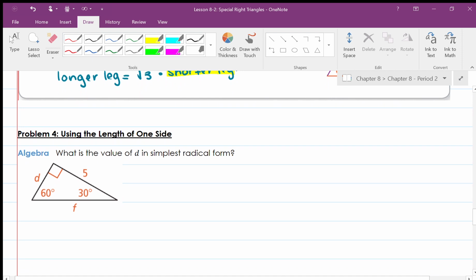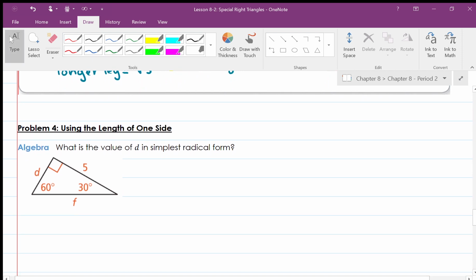So problem 4. They give us a triangle. It is, in fact, a special case triangle, and being that it is a 30-60-90 triangle, what is the value of D in simplest radical form? You first need to identify what D is. Is that the shorter leg? Is that the longer leg?